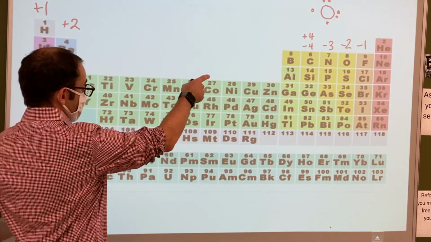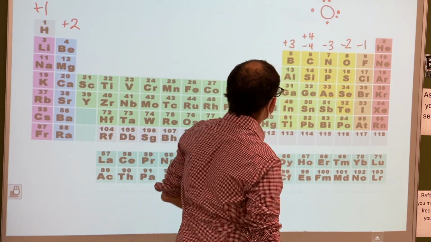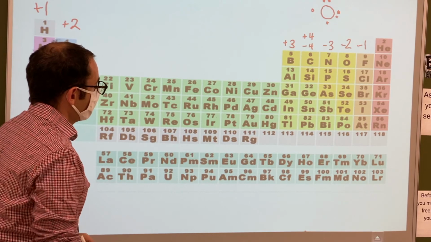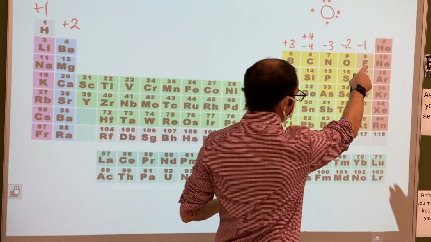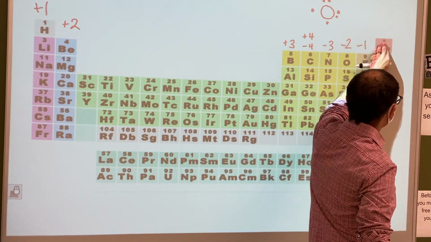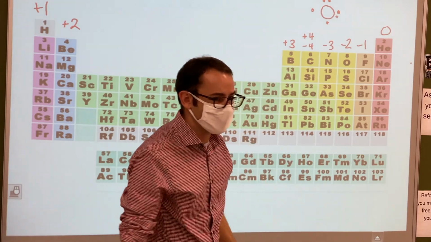And then boron only has 3 valence electrons, so it's going to lose them to become +3. So now we have most of the things filled in here. Noble gases are filled, so they either have 2 for helium or they have 8 for the rest. So they don't get a charge, so we just put a 0 there.